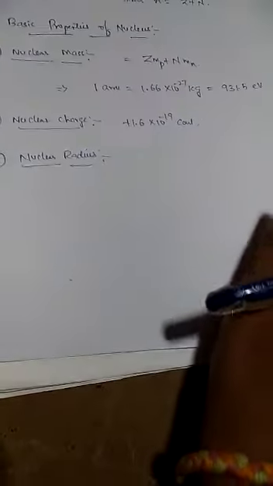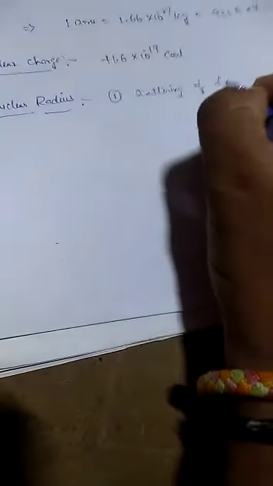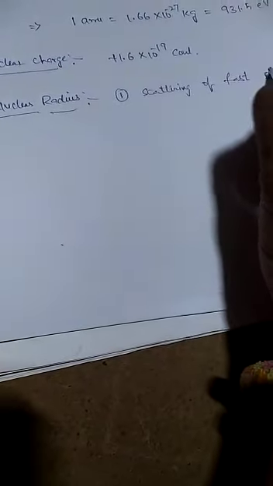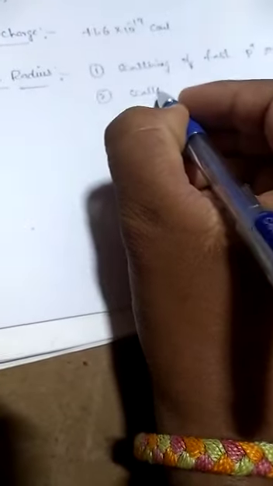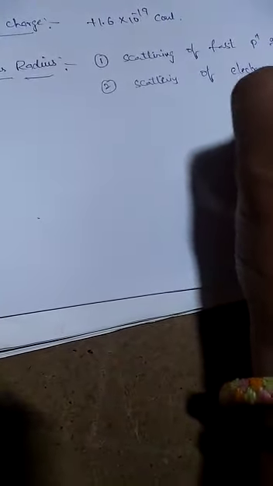Okay, so here the nuclear radius is calculated in two ways. The first one is by scattering of fast protons or neutrons. Another method is by scattering of electrons.